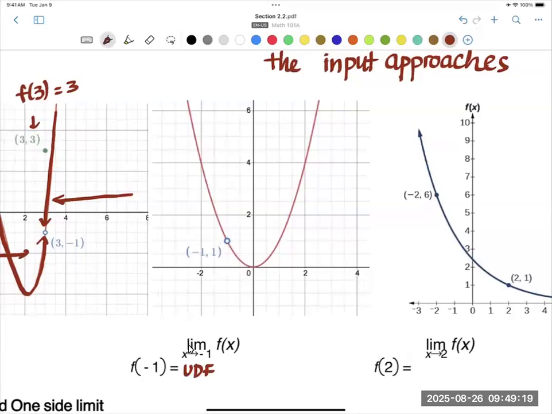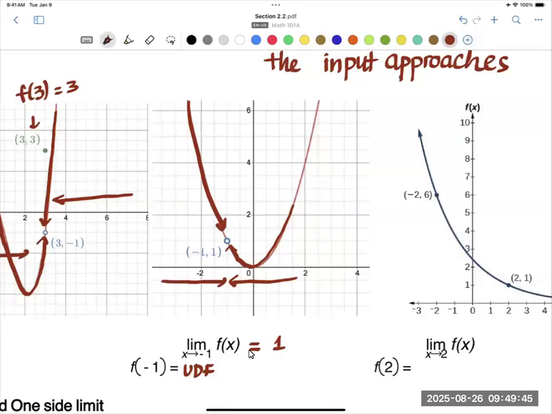How about x approaching -1? What is the y value approaching? As x approaches -1 on the left side, the y value approaches 1, and on the right side, the y value also approaches 1. So the limit as x approaches -1 is 1.